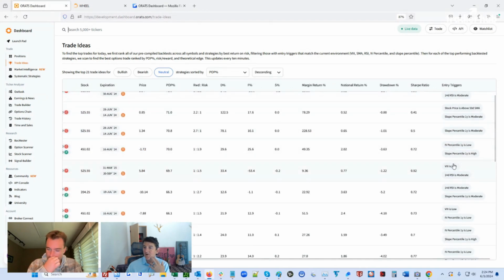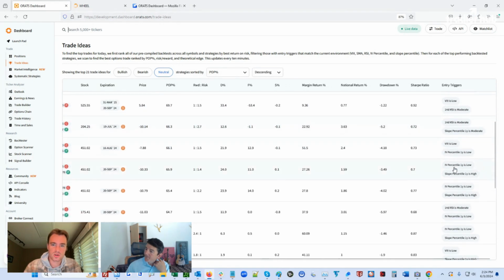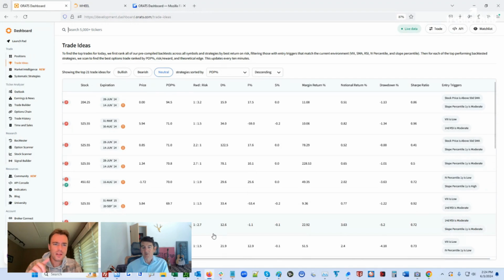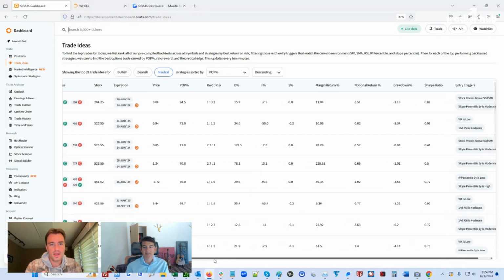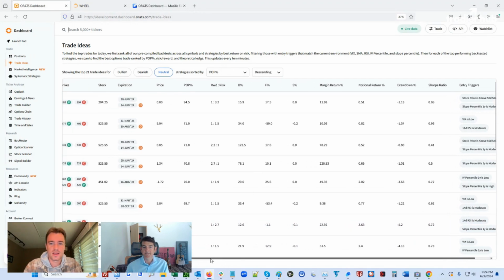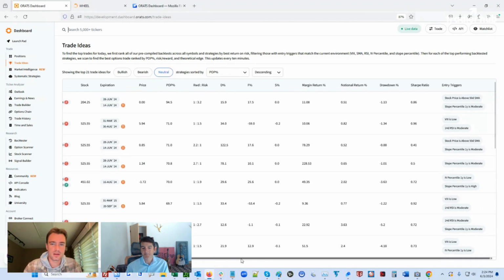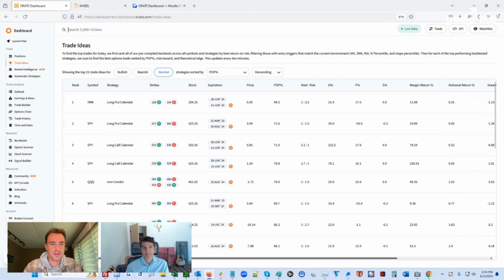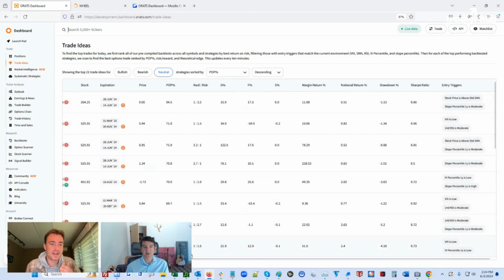These entry triggers correspond to the current environment. So the backtests we're showing you in this table are where those entry triggers meet the current market conditions, and these change throughout the day and day to day.